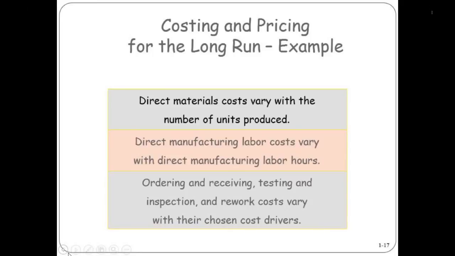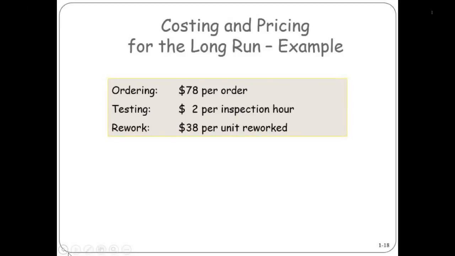These other categories, it's ABC based. They vary with their chosen cost driver. You know your costs per order for ordering, your cost per inspection hour for testing, and the cost for rework if a unit is not up to standard.